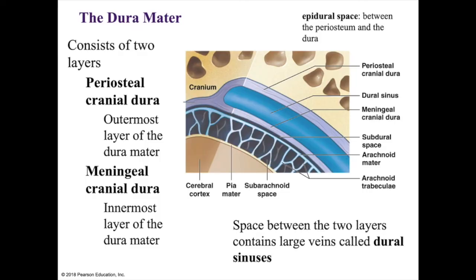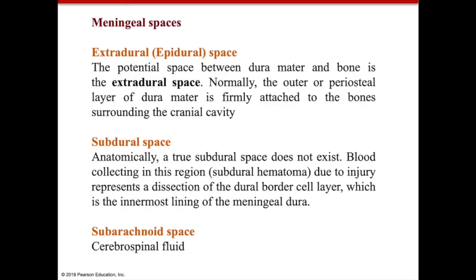These spaces are important for us, and I wanted to give you a few slides for you to understand what the epidural space is, what the subdural space is, and the subarachnoid space. The subarachnoid is where the cerebrospinal fluid circulates. The subdural is a true space.